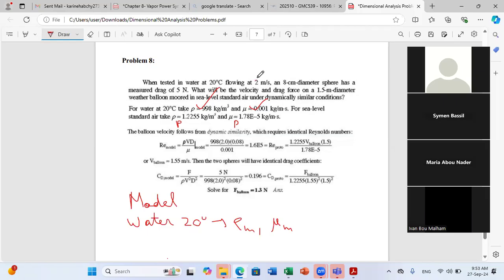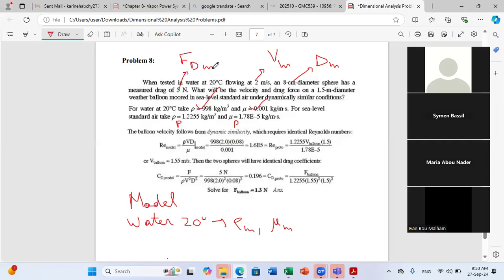This is the velocity of the fluid in the experiment, V model. This is the characteristic length in the model. So here we decided already on the conditions of the experiment. And under these conditions, we measured a drag force FD model equal to 5 Newton.